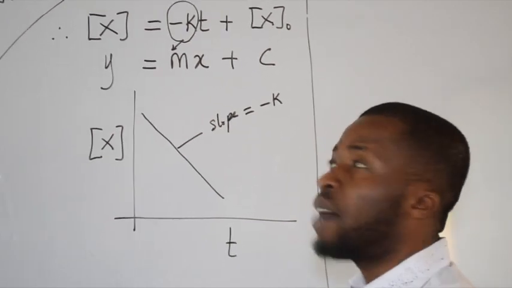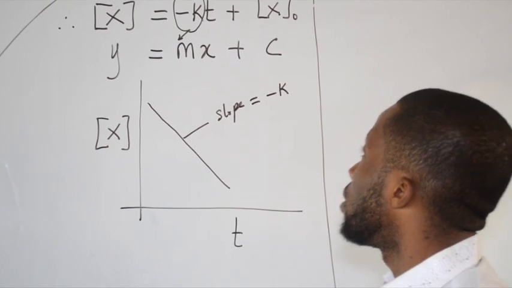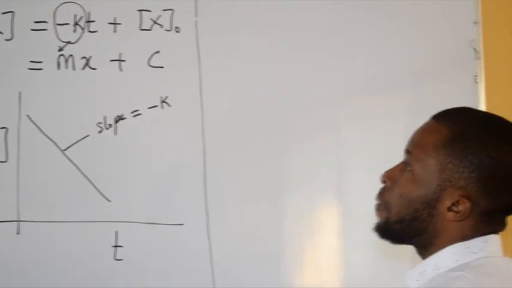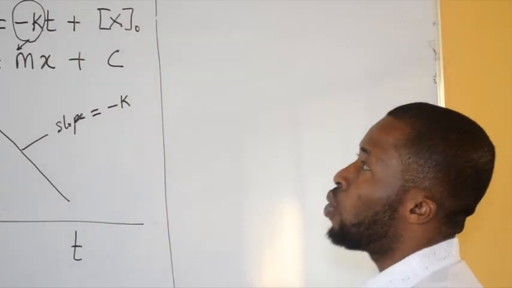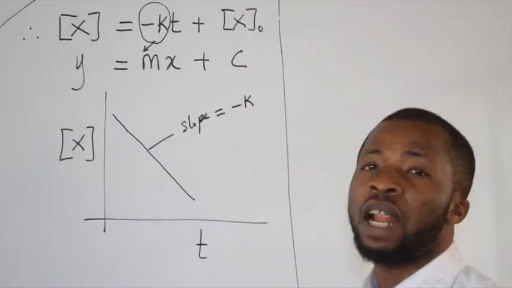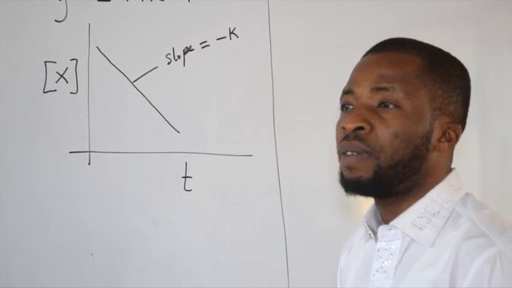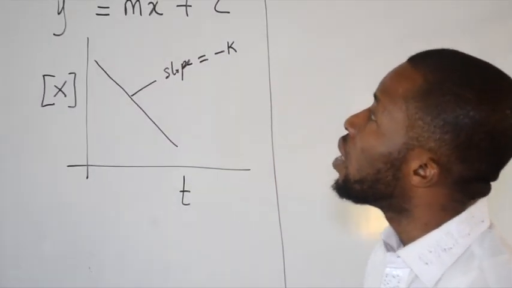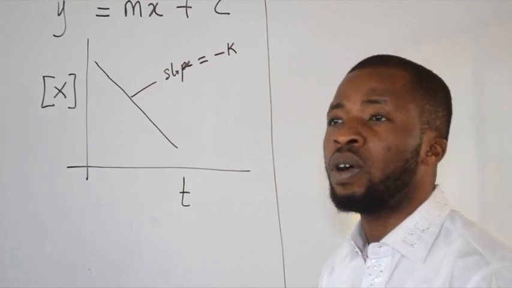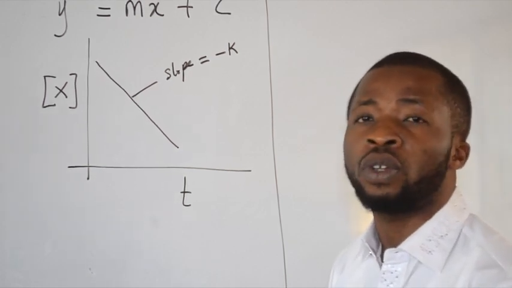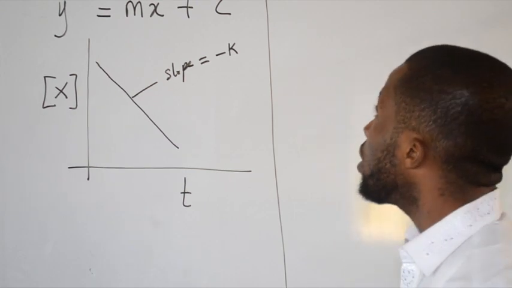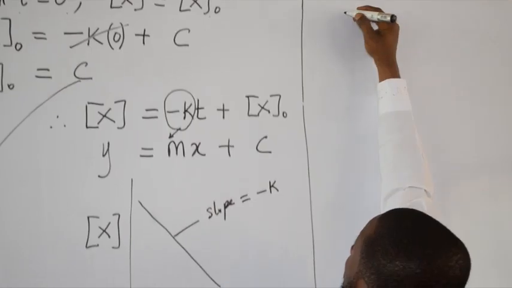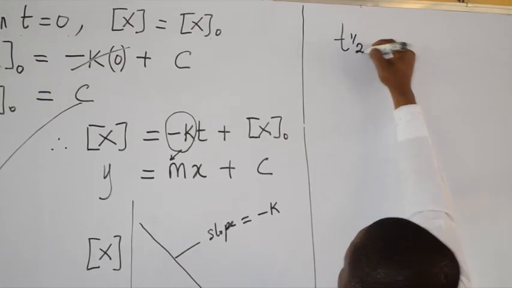But how do we determine the half-life of a zero order reaction? In our last video, we defined what half-life is. We say the half-life is the time taken for the reactant, or a given substance, to reduce to half of its original size. So half-life is symbolized t half.